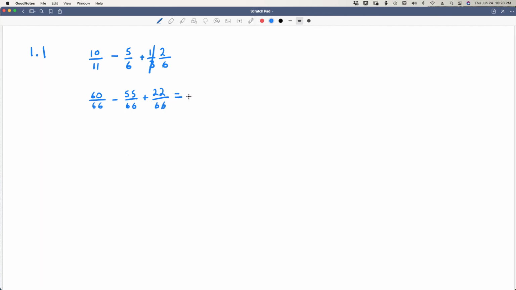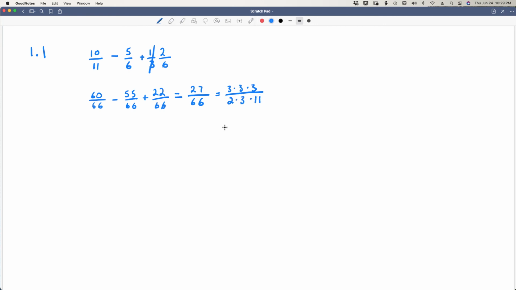Now that we have a common denominator, it's going to be something over 66. 60 minus 55 leaves a remainder of 5. 5 plus 22 is 27. Now if we factor 27, we get 3 times 3 times 3. Excuse me, if we factor 66, we get 2 times 3 times 11.